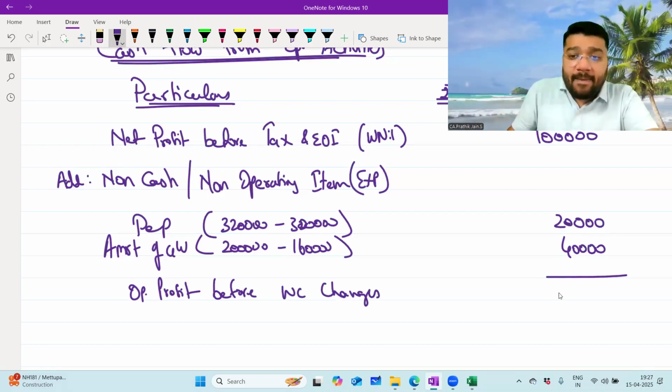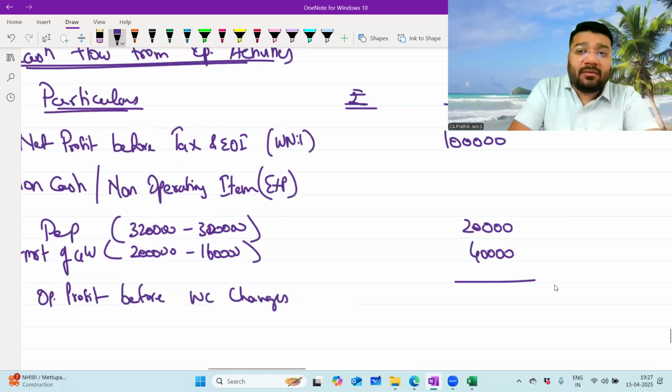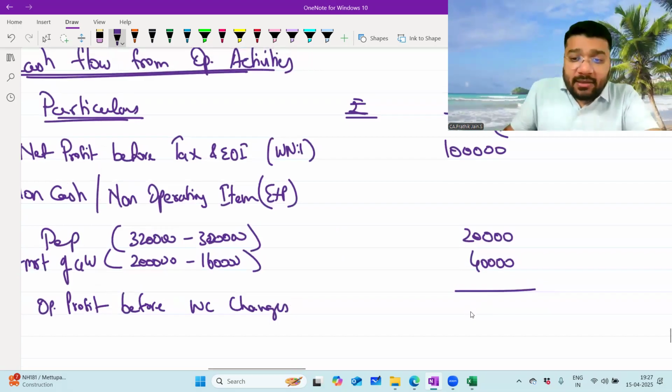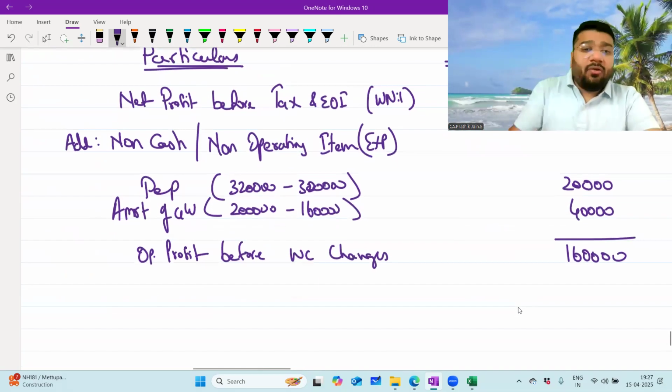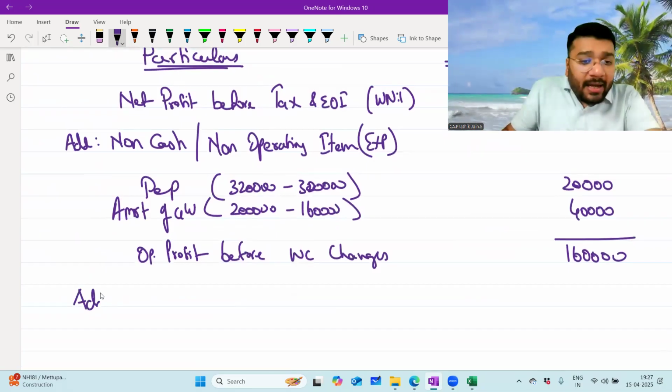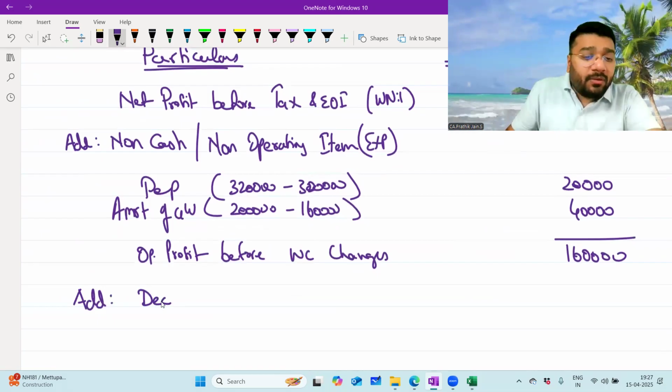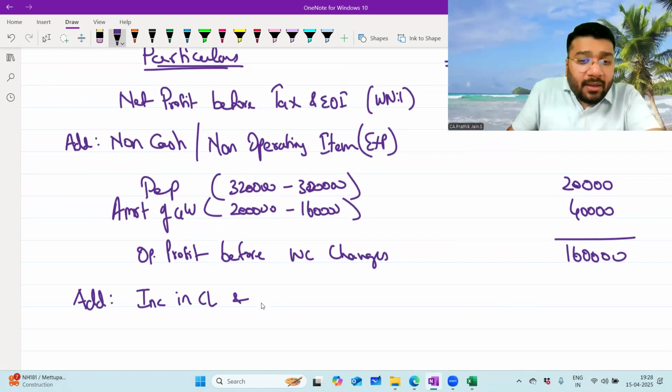How much is it? 3 lakh 1,60,000. Now we have to do adjustments for current assets and current liabilities. Add increase in current liability and decrease in current asset.